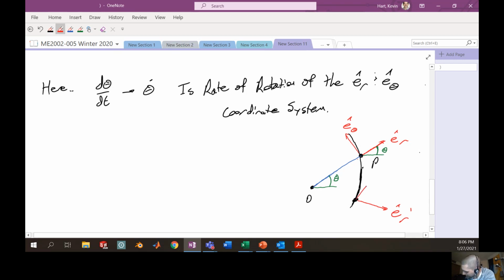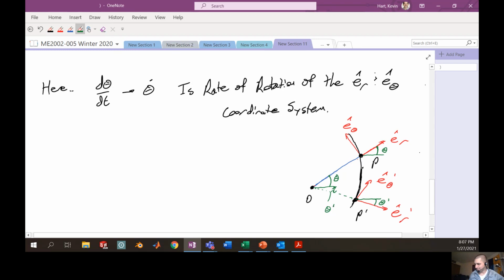And I still have 90 degrees counterclockwise E hat theta prime. So I've moved to a new location here, which is P prime. And if I thought about, again, the angle that exists with the horizontal and E hat R, I could think about the angle here as this angle theta. Let's call this theta prime. And it would be the same angle that you would have here, which would also be theta prime.